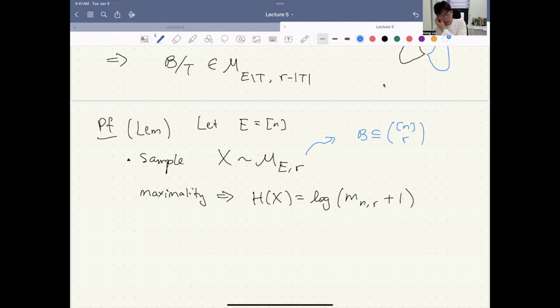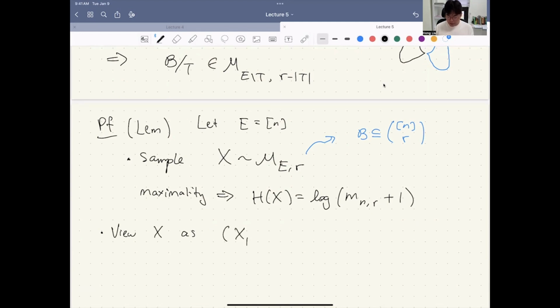So we can use indicator functions for each R-set, whether it lies in B or not, to expand X. In other words, we can view X as a random vector X_R, where R is an R-subset of E, the ground set.